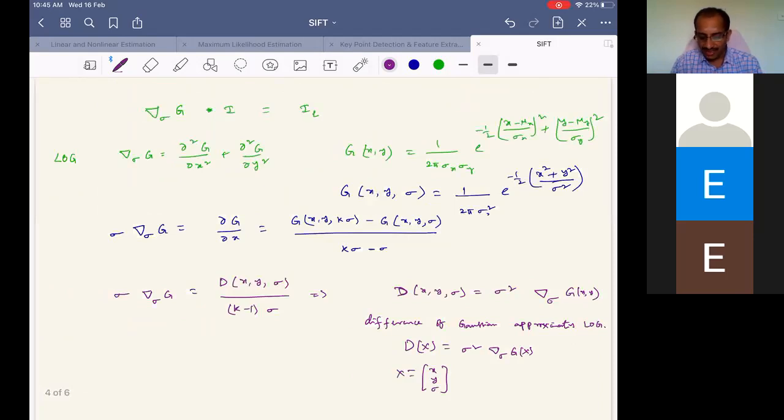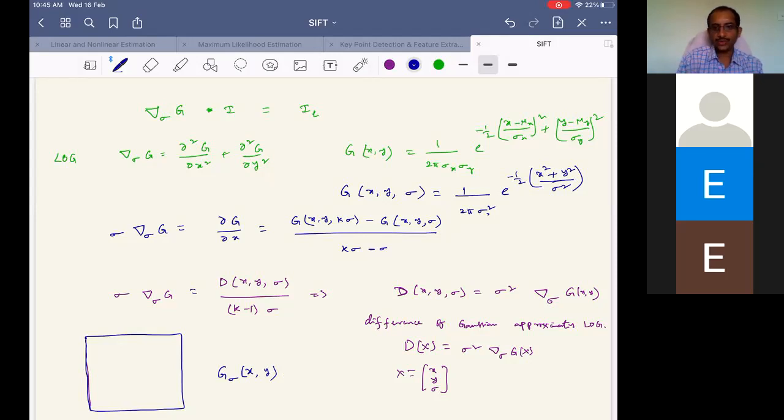If I have an image and want to see the information at different scales, just through a convolution with a Gaussian, do you have any suggestion? Assume that I have a Gaussian function only with me. I want to see the details of the image at different scales. Any suggestion on how I do that?